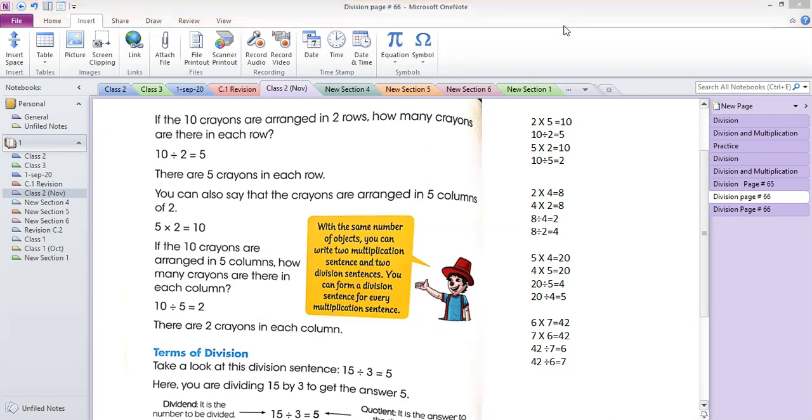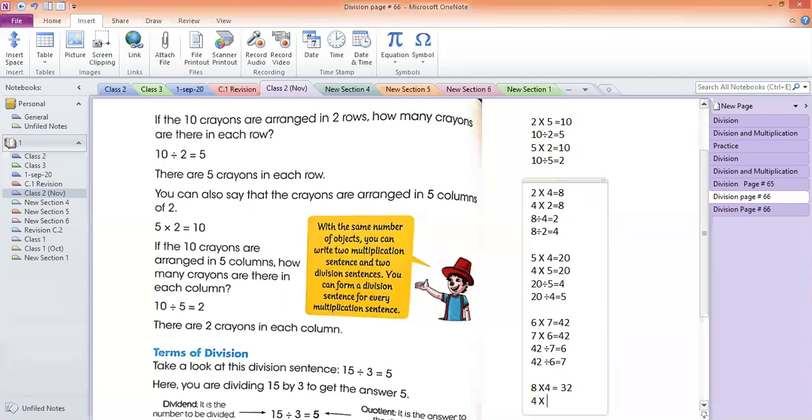All right, so guys, this was the practice of yesterday's lesson: how to make multiplication and division sentences. If you know one multiplication sentence like 8 by 4 equals 32, you can make one more by changing the order of these numbers. So you can write 4 by 8 also equals 32.